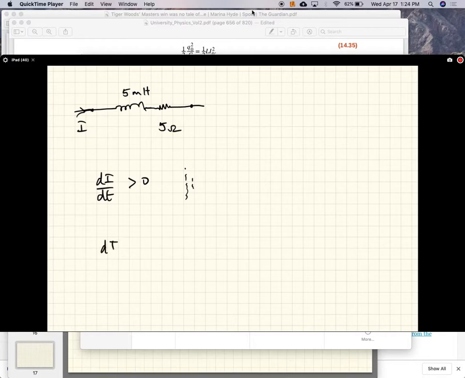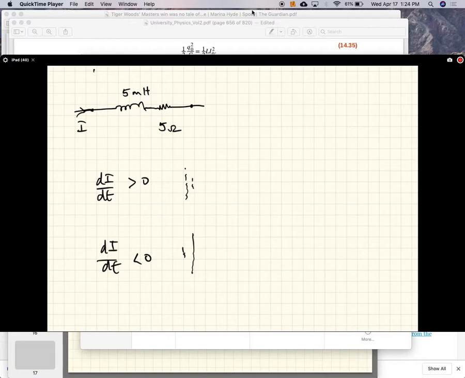When di by dt is negative, the induced EMF will be in that direction. Did you guys understand that? If the current is increasing, then the induced EMF will be in this direction, opposing the increase.